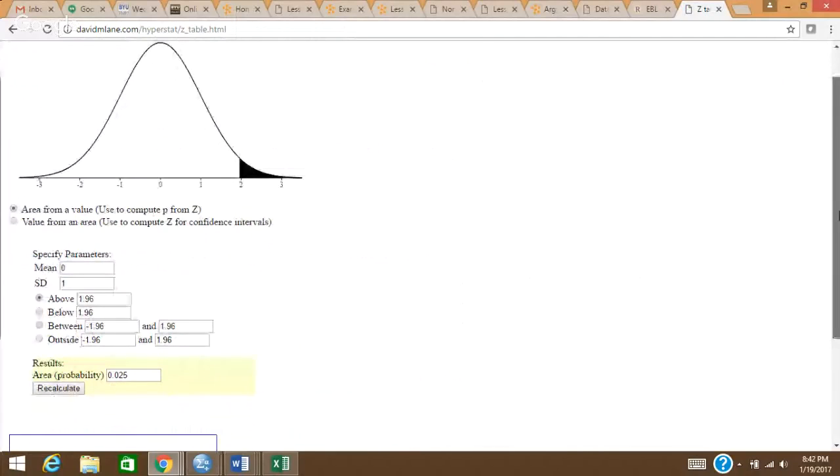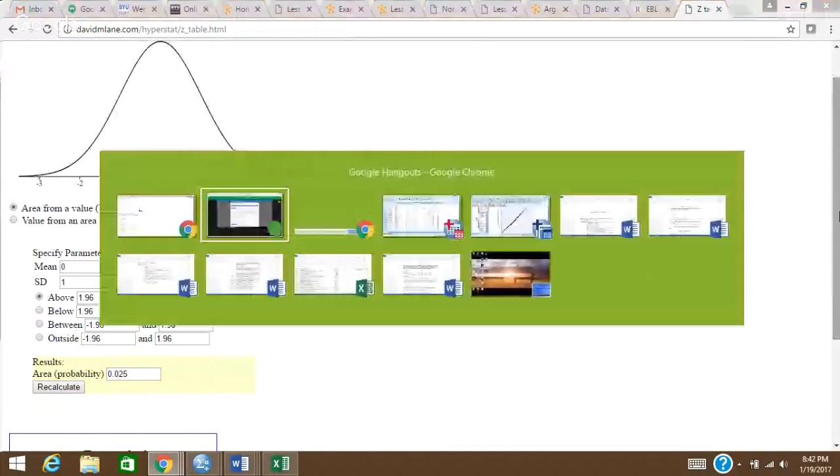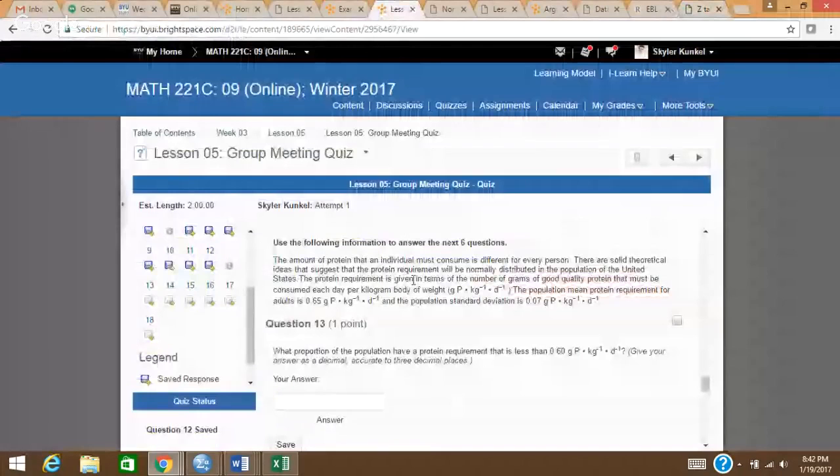Do you want to read it? Yeah, I'll read the question. The amount of protein that an individual must consume is different for every person. There are solid theoretical ideas that suggest that the protein requirement will be normally distributed in the population of the United States. The protein requirement is given in terms of the number of grams of good quality protein that must be consumed each day per kilogram of body weight. The mean protein requirement for adults is 0.65 grams, and the population standard deviation is 0.07 grams.